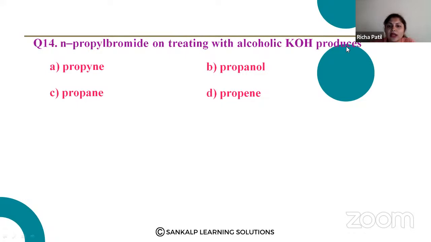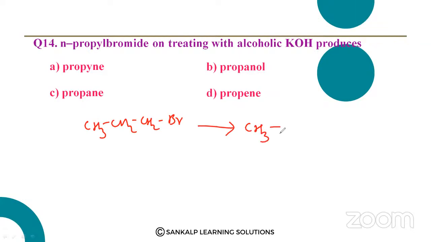N-propyl bromide on treating with alcoholic KOH produces what? It will be CH3CH2CH2Br, in the presence of alcoholic KOH it gives propene.